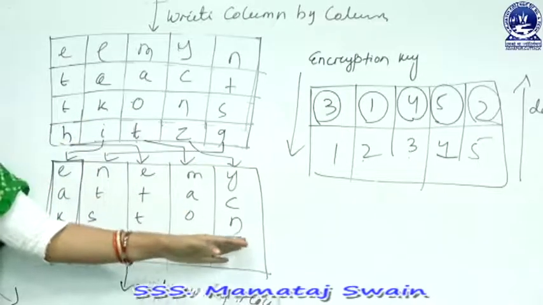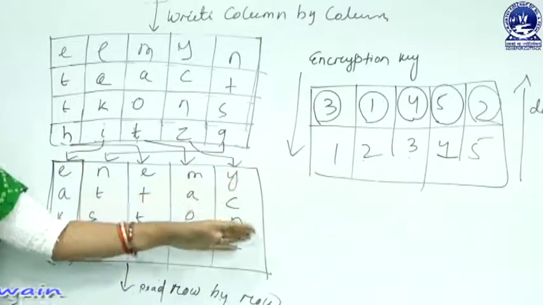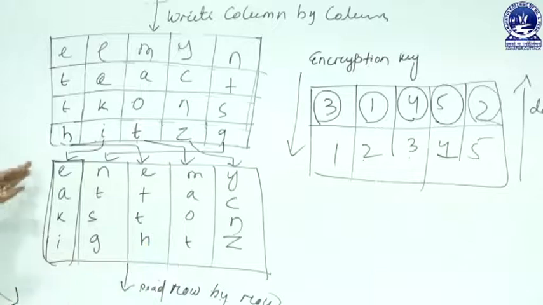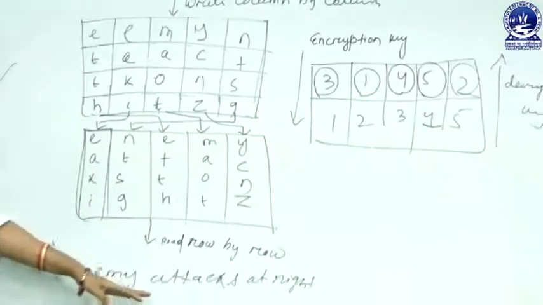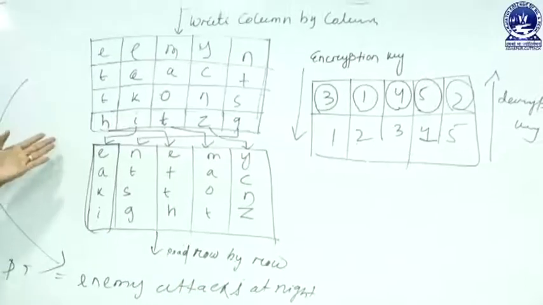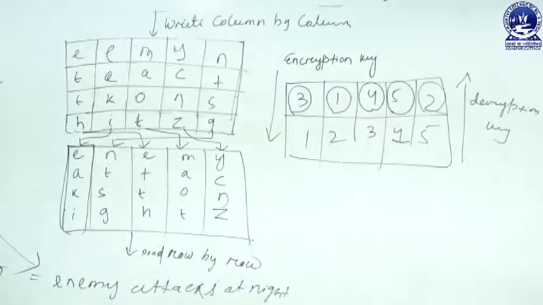And the last one is the fourth column of our ciphertext, which becomes the fifth column of our plain text. Now you read this table row by row, so that you get the plain text, that is enemy attacks at night. Now this is the process of decryption by using the combining two ciphers.